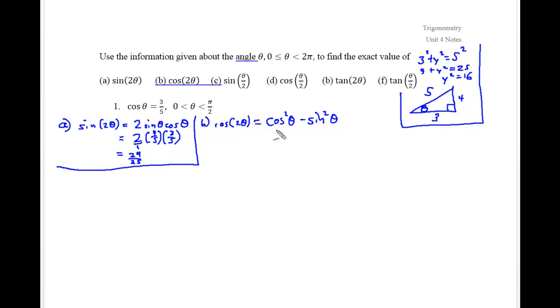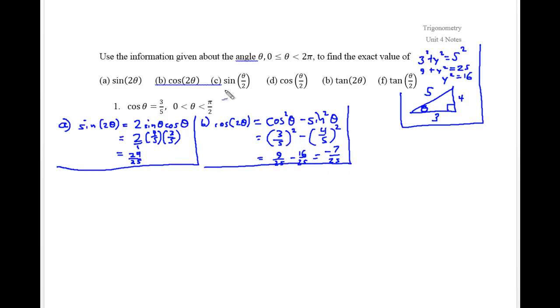So this is going to be 3/5 squared minus 4/5 squared. And then we convert these. 3/5 squared is going to be 9/25 minus, and then 4/5 squared is going to be 16/25, which reduces down to 7/25. So that's our answer for part B.